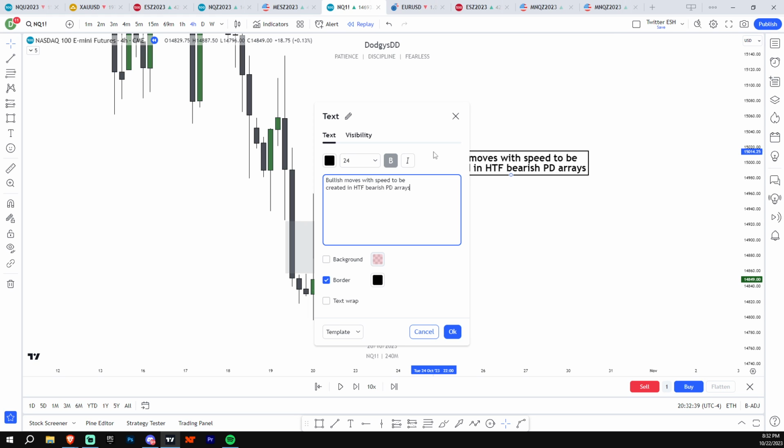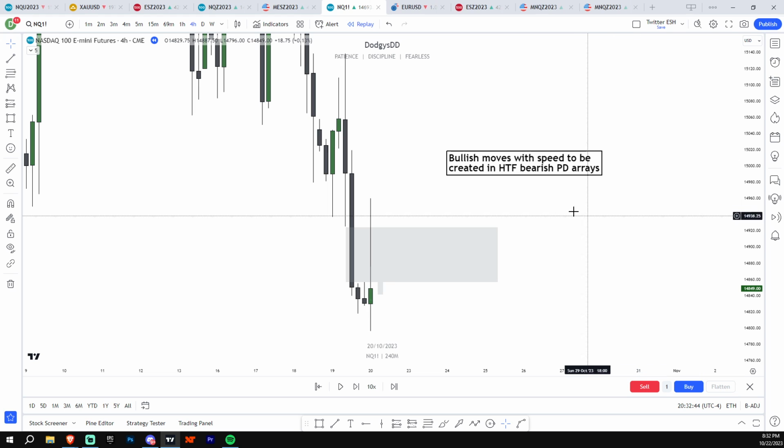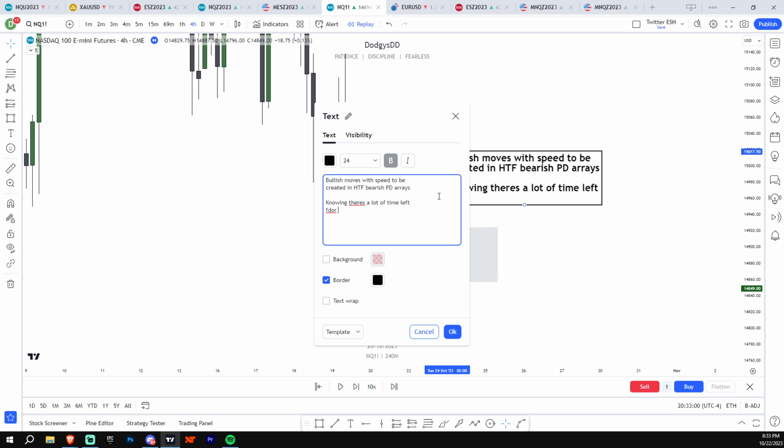Okay, I say this a lot, but it's kind of contradicting itself. Those bullish moves inside those higher time frame bearish PD arrays, where you know there's a lot of time left till the higher time frame candle close.